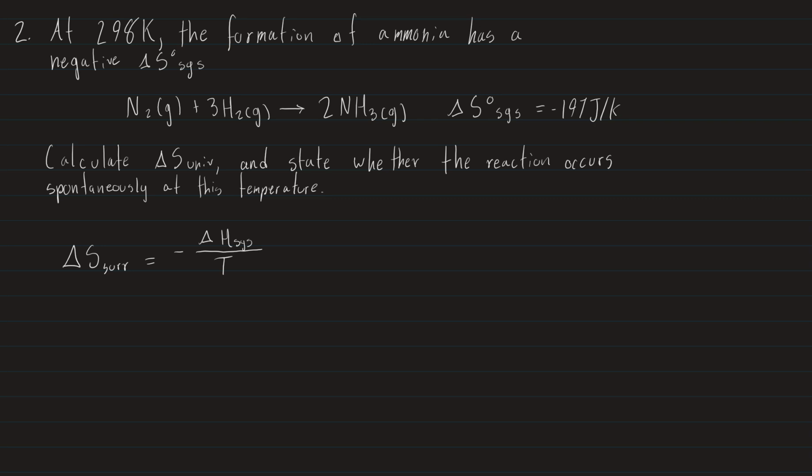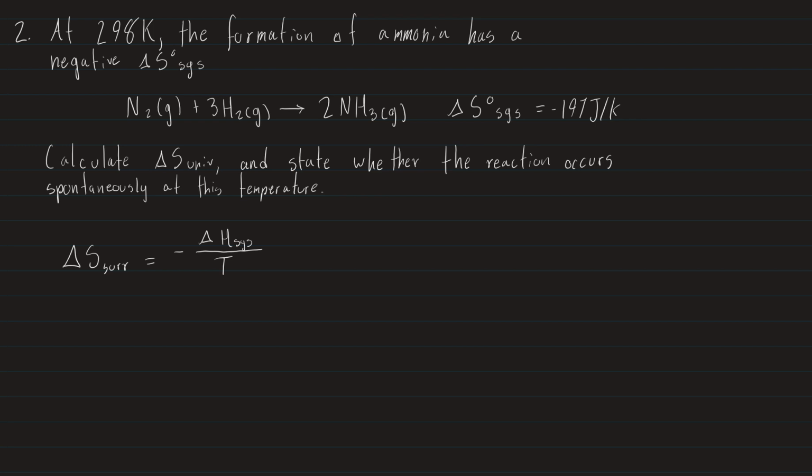Hello. This video is to help you understand how temperature relates to the change in entropy of a system or a reaction. So we'll be looking at this practice problem to help you understand the trends that go on. At 298 Kelvin, the formation of ammonia has a negative delta S of the system.